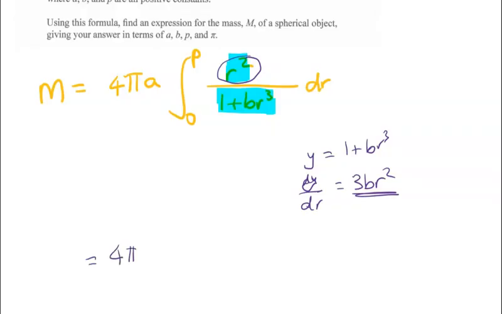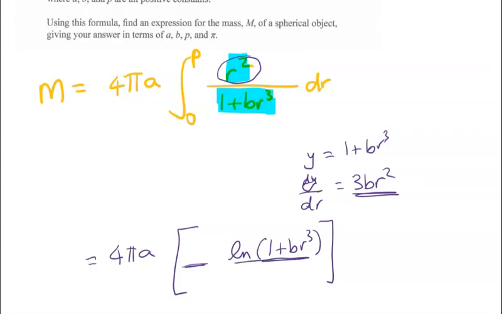It's going to be 4 pi a, and then I'm going to leave a gap for my coefficient, and it's going to be the natural log of 1 plus br cubed. And I have to do an adjustment here because when I differentiate this, I will get 3br squared. I just want to have r squared, so I'm going to divide out the 3b.